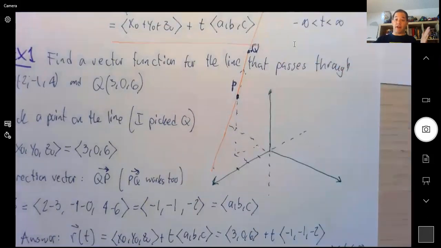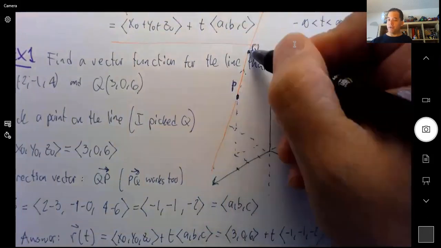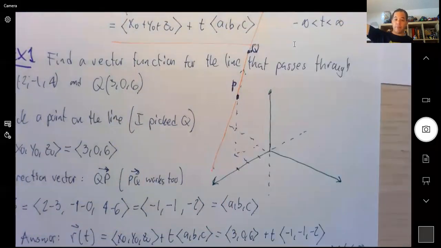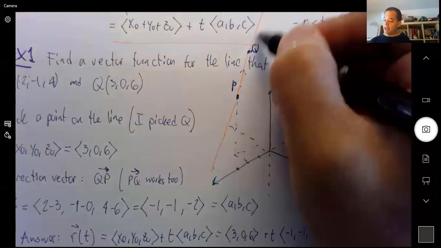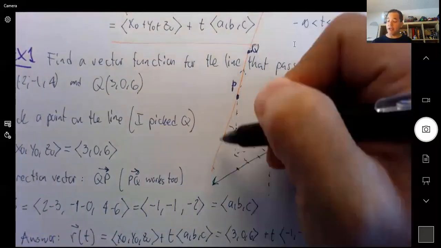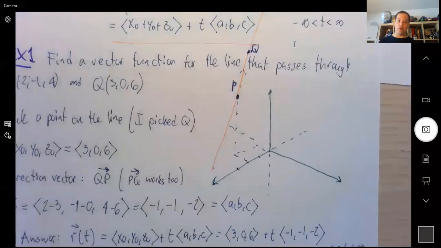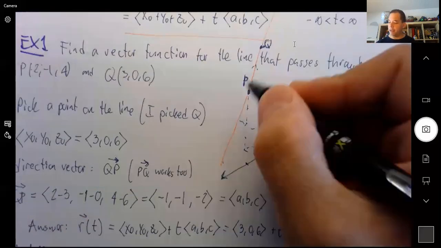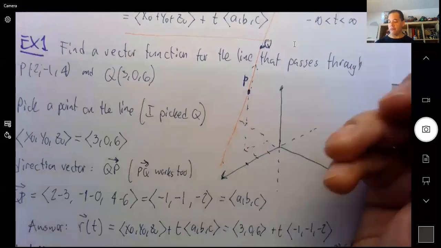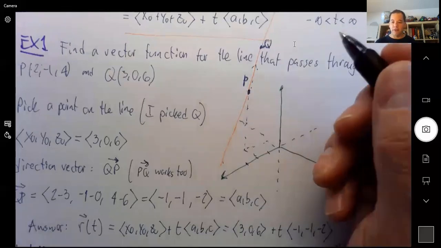It doesn't need to be the entire length. Maybe you want it half as big. Or you can do P to Q times 10, 10 times as big, right? So there's many, many choices to pick the direction vector for the line, right? But the two easiest are to pick either QP or PQ. Those are the two easiest ones, all right?